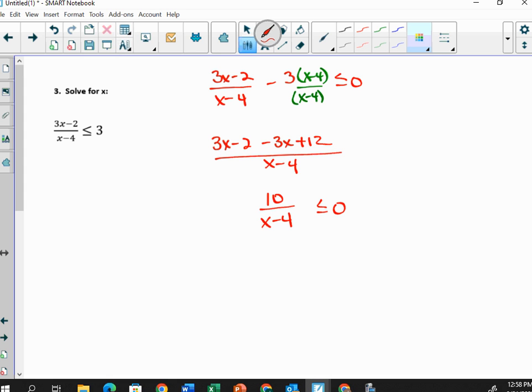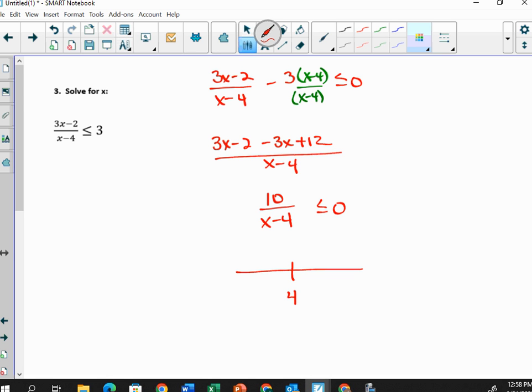Are we okay with getting to that point of 10 over x minus 4? Okay. Did it throw you guys off that there wasn't an x in the numerator? It just means you only have one critical number. What is it? 4. So it actually makes it simpler, guys. There's nothing that would make your numerator equal 0, so there's no critical number coming from the numerator this time.